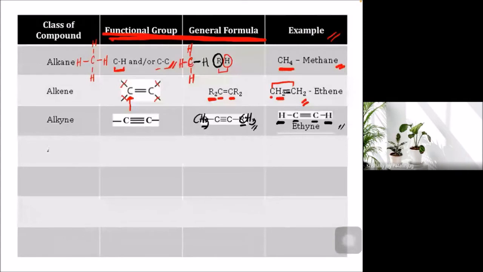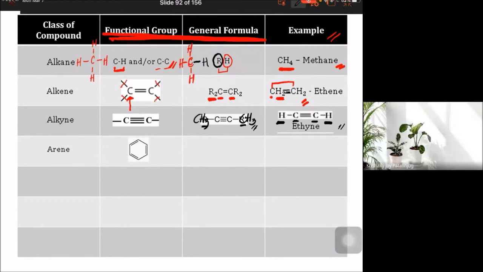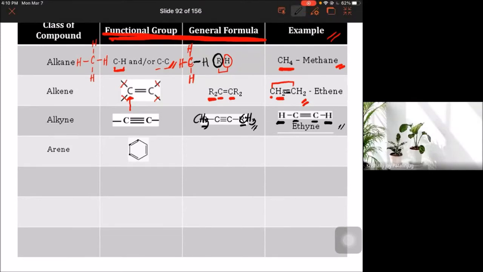Next, let's have arene. Arene, it has this functional group. So, it is a ring structure with conjugated single and double bonds. Okay, it is a 6-carbon ring, with conjugated single bond, double bond, single bond, double bond.